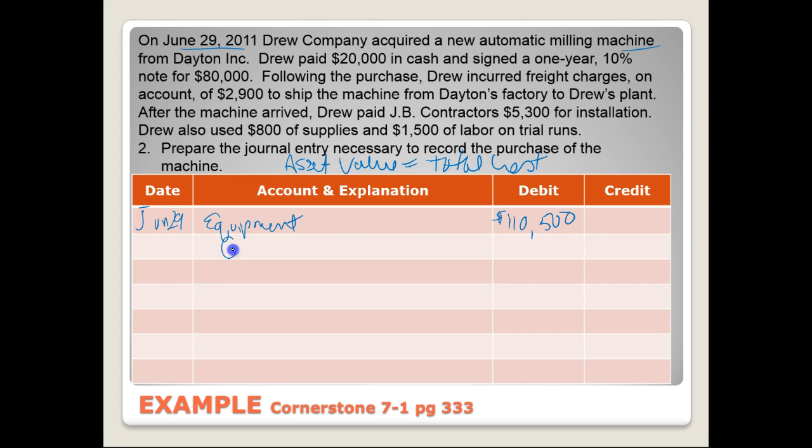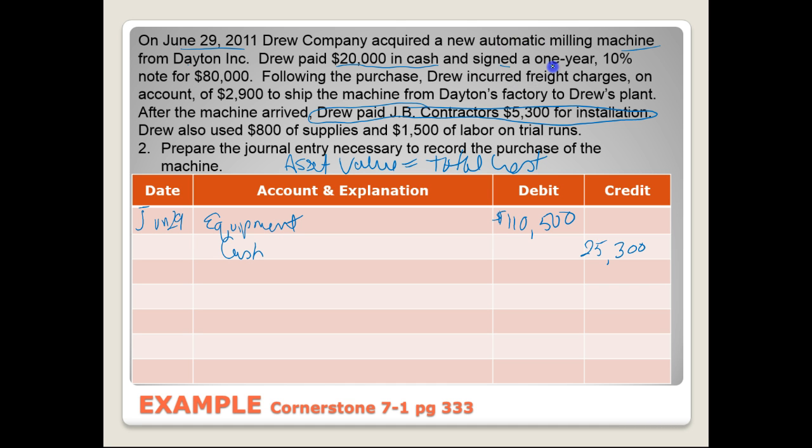Well, we did pay some cash. What did we pay cash for? Right, the $20,000 in the purchase price was cash. Was there anything else paid for in cash? Well, because it doesn't say it was on account or on credit, we can assume that the $5,300 of installation was also cash. That means we credited cash for $25,300.